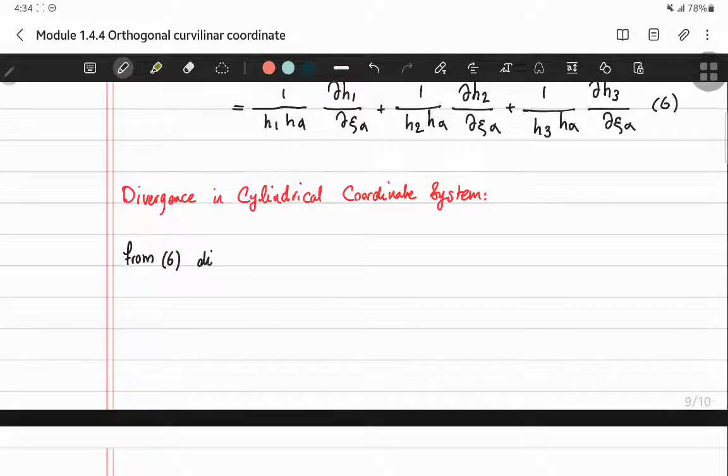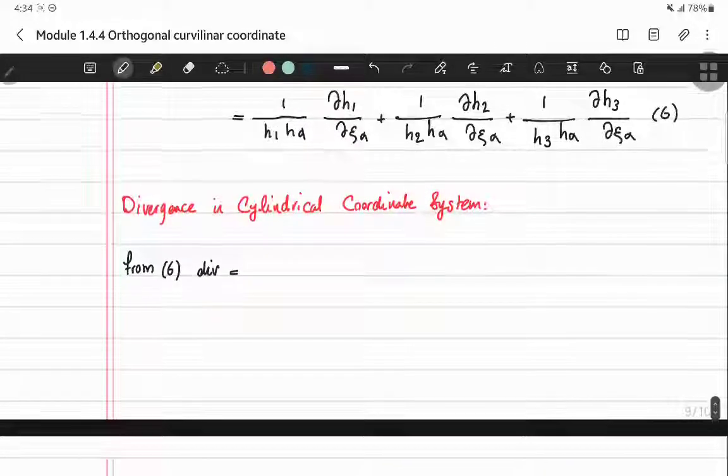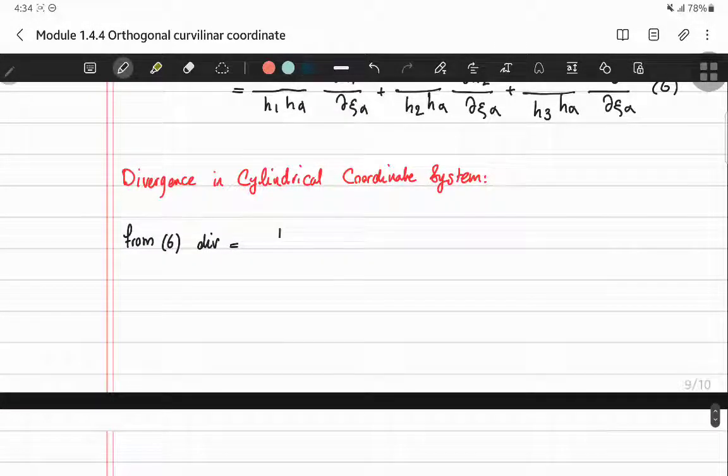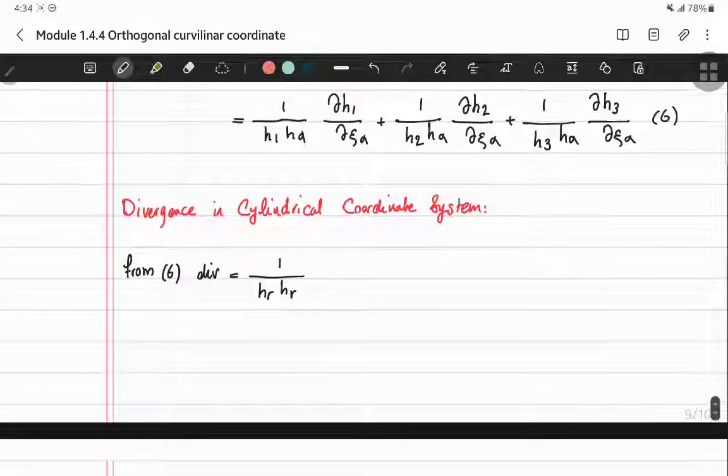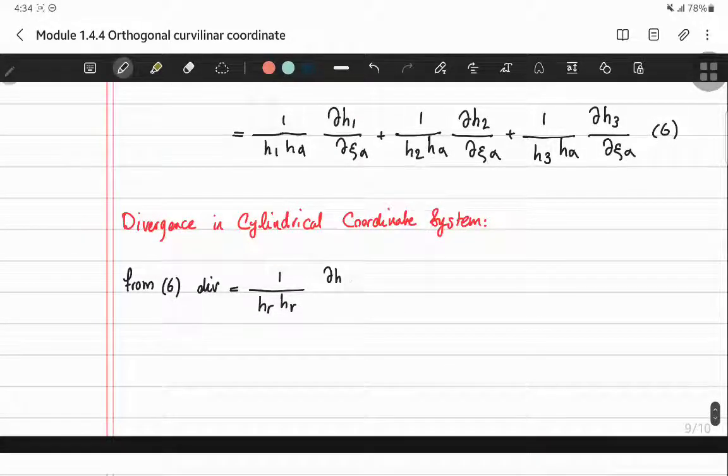We have the divergence equal to, so I write 1 over HR. Instead of H alpha, I put R, so I fill in first with R. So HR, of course, with respect to ZR.